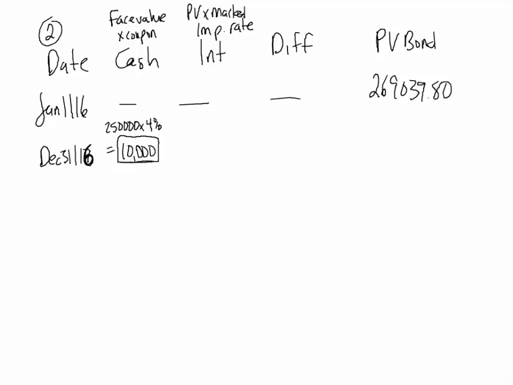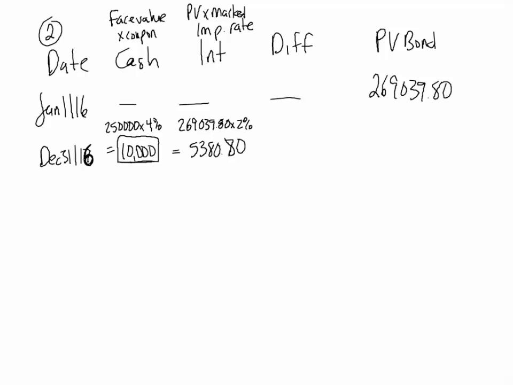So 269,039.80 times 0.02 is 5,380.80. It's actually 0.796, but we always round to 2 decimal places. Even though we're paying them $10,000, our actual interest expense is only $5,380.80.